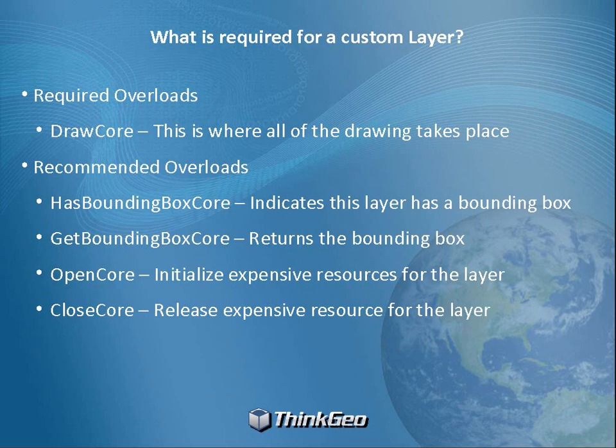So what is required for a custom layer? As far as required overloads, there's only one, which is DrawCore, and this is where all the drawing takes place. If you watch the video on the feature layer, DrawCore would pass in a GeoCanvas and some features to draw along with some labeling information. Well, in a layer, it's even more simple because the DrawCore just passes in a GeoCanvas and also some labeling stuff.